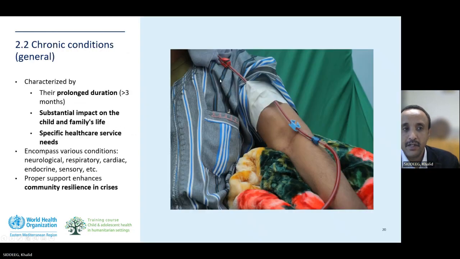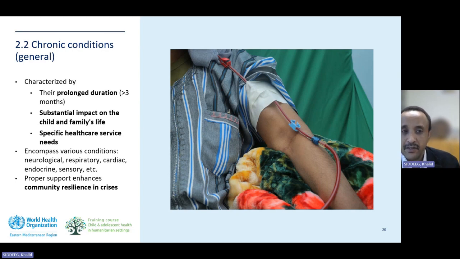Coming to the chronic conditions, and I'm sure in most of the settings that you are coming from, non-communicable diseases and chronic conditions are becoming more and more prominent on the agenda of policymakers and in community interest as well.